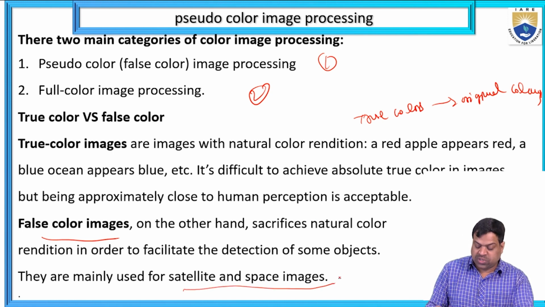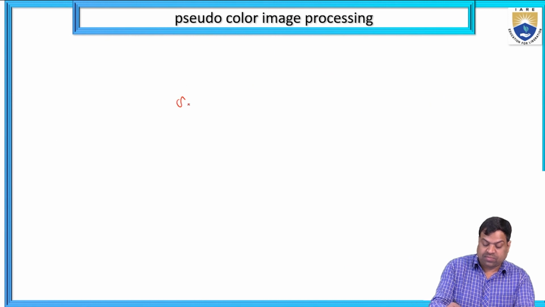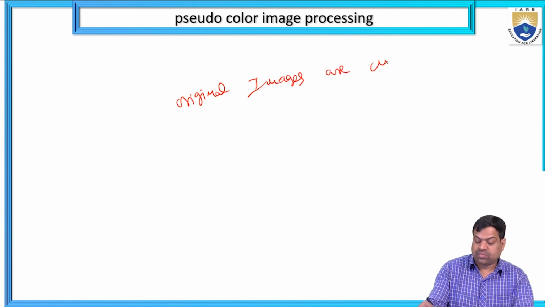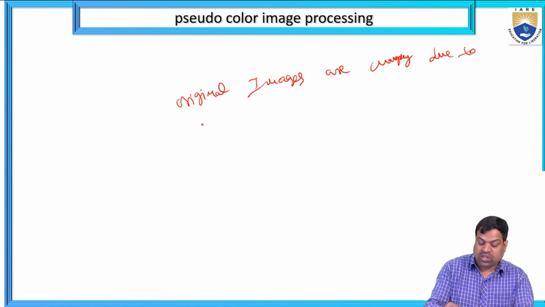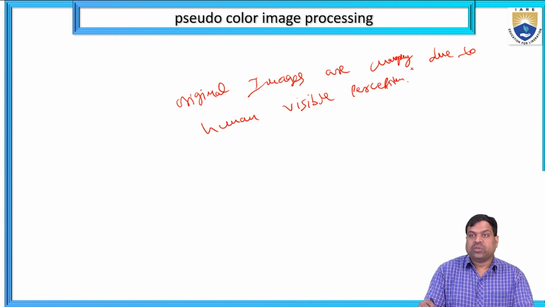Actually, satellite and space images are the original images, but due to human visual perception, the original images are to be changed. That is false color.